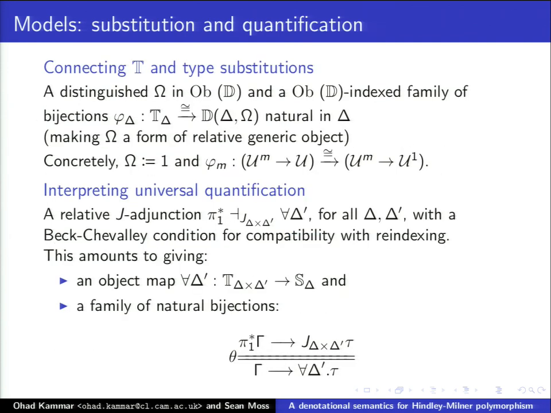To finish the model definition, we need an object omega, which stands for all the types. Then we need to connect the types, which is this T, with our substitutions. We do that by having a family of projections between the fiber over delta of types and all the substitutions into omega.